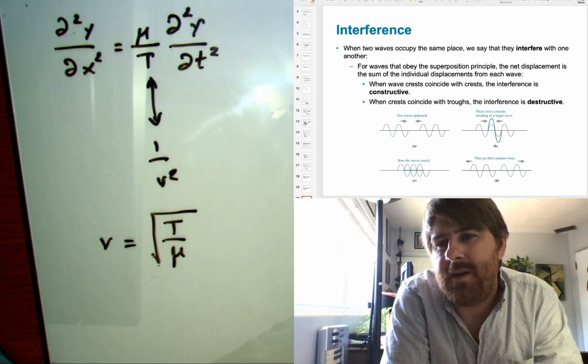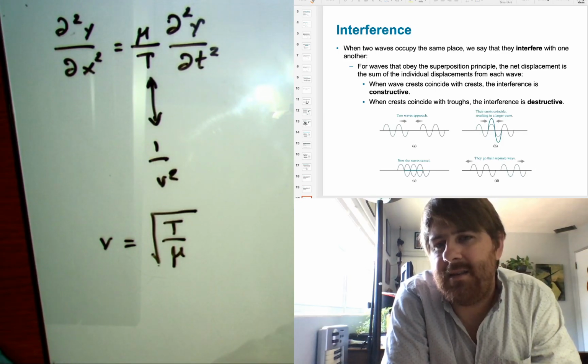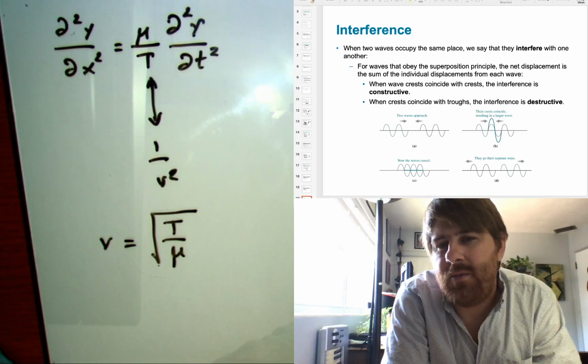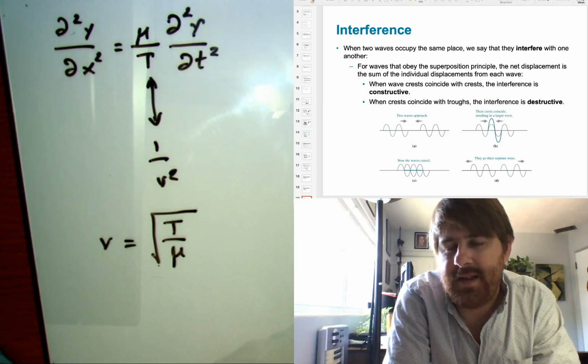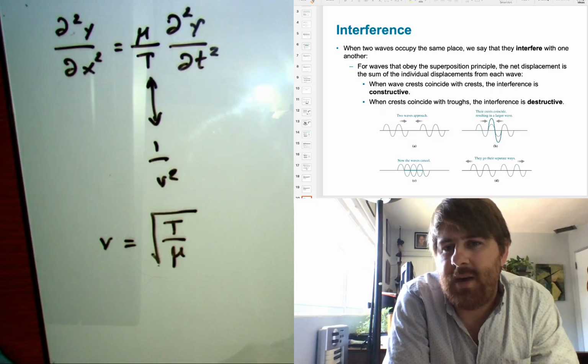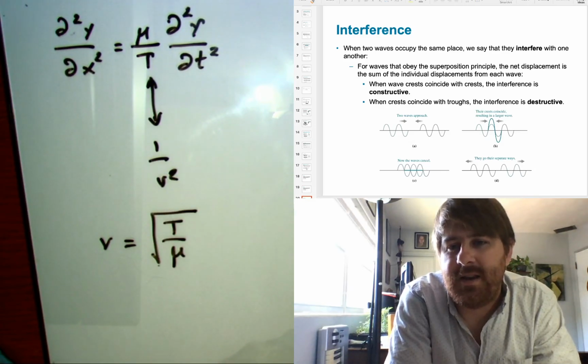The amplitude will be their sum. If two waves overlap at some point in space and time, and one has a positive amplitude and the other a negative amplitude at that point, then the waves will cancel out. That's what we call destructive interference, and the amplitude of the resultant wave will be the difference.